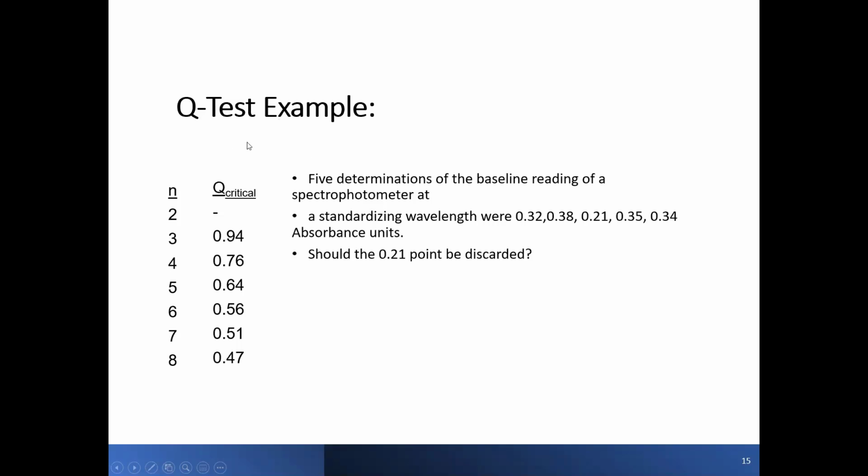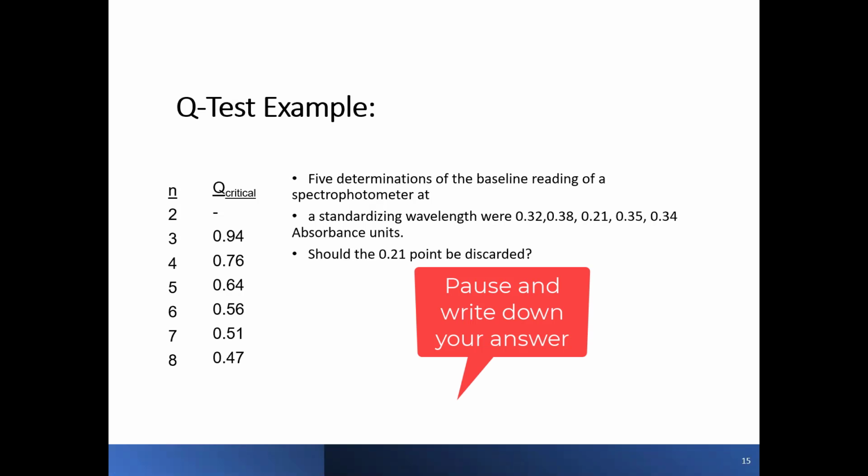Here, I want to work on this example to see if one of the data points can be thrown out or not. I was measuring the wavelength and got these 5 data points, and there's a possibility that 0.21 is an outlier. Can we throw this out?